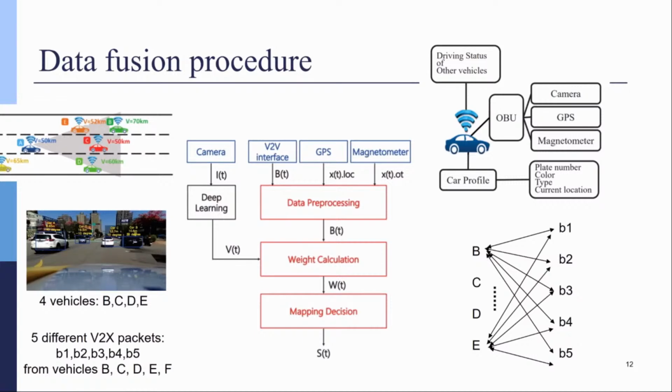Our goal is to pair the vehicle object in the image with the correct broadcasting packet. So, here we will first calculate the weight for any 2 possible pairings. Finally, the mapping decision algorithm will conduct the final pairing, which pairs the right vehicle object to the right car profile and driving status.